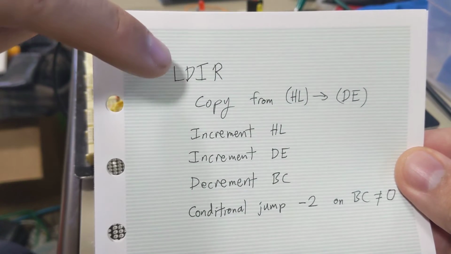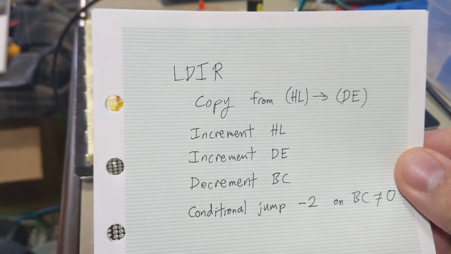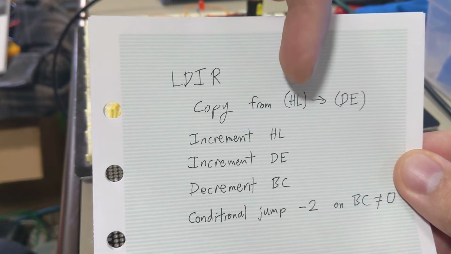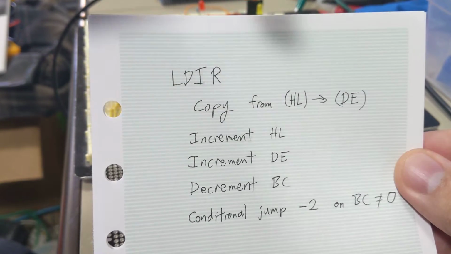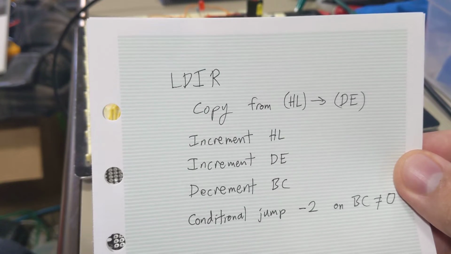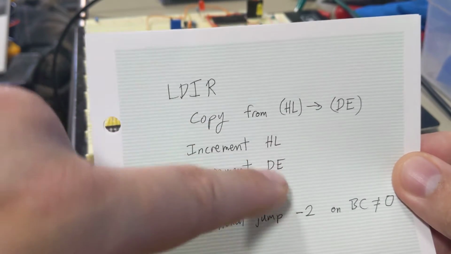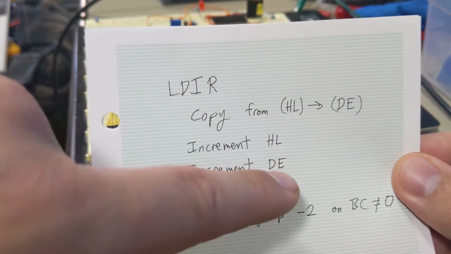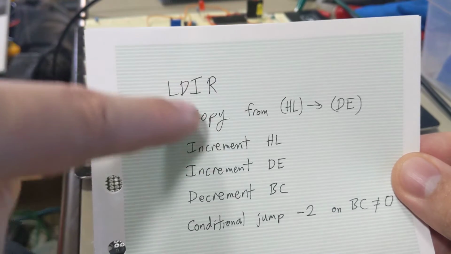When you call LDIR, you're telling it to copy a block of memory from HL to DE, and the block of memory is as big as the value in BC. So we're using three 16-bit registers here as the source address, the destination address, and the length argument to this opcode.